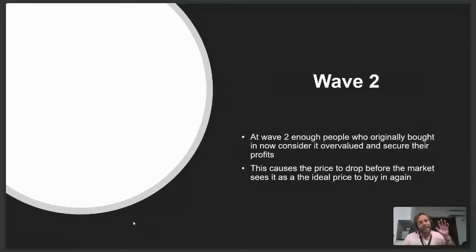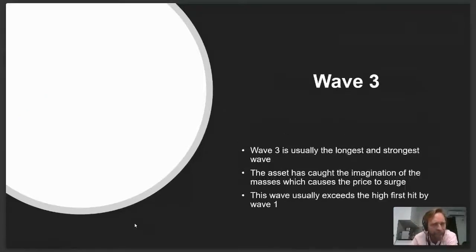Wave 2 is basically enough people, or the original people who bought in, now consider it overvalued and they secure their profits. So they start to close their positions. And obviously this causes the price to drop, a small little wave drop downwards before the market sees the ideal price to start buying in again. So that's wave 2.